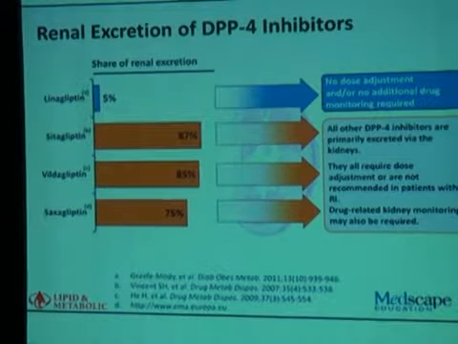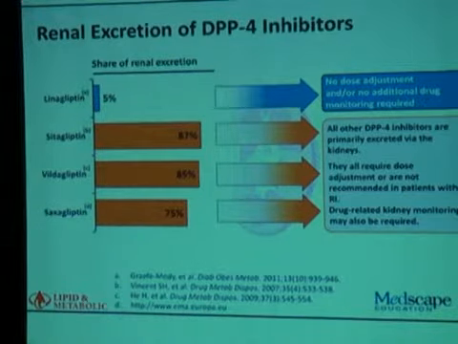Okay, yes, below 45 we reduce metformin to 500 milligrams, and it's better to be stopped below 30 milliliters per minute. Although there are opinions now coming that you can continue with it because it has beneficial effect on the cardiovascular system and also on the kidney.